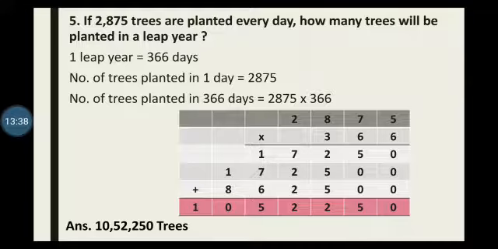So 1 leap year is going to have how many days? 366 days. So here go our statements. Trees planted in 1 day, 2,875. Trees planted in 366 days. You will multiply and you will get your answer as 10,52,250 trees.